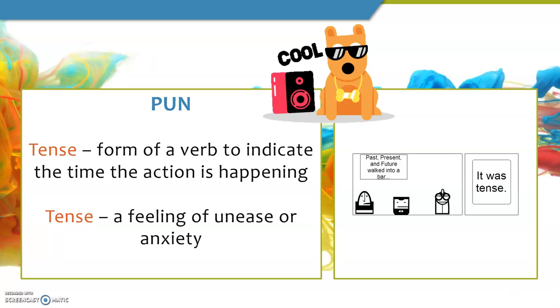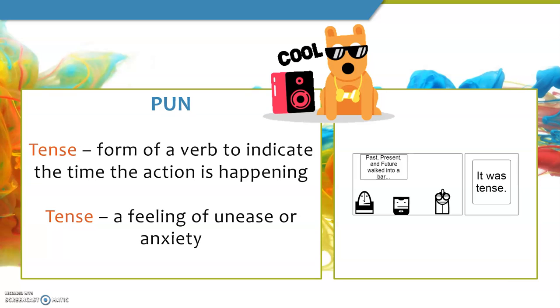Right, so why is this funny? Why is it a pun? Because obviously the word tense can have two different meanings in this context. The past, present, and future are characters in the cartoon, but they indicate the different forms of a verb that indicates time, if something happened before, if it's happening now, if it's going to happen in the future.